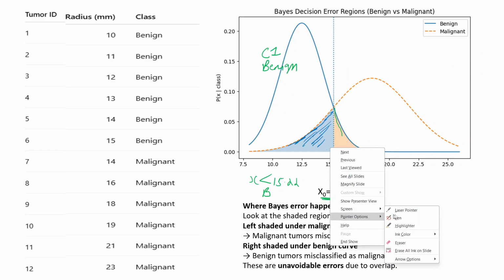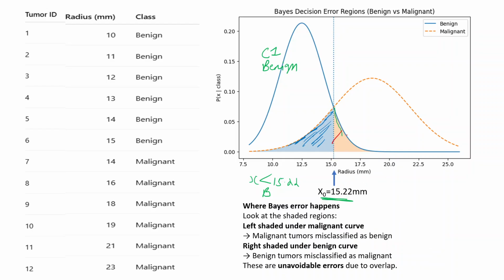Similarly, now the other portion, when we take this side, this portion was belonging to the benign case, but as we are moving x greater than 15.22 we are deciding the class as malignant. That is here, the left shaded area under the malignant curve.